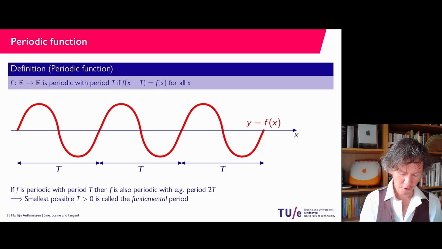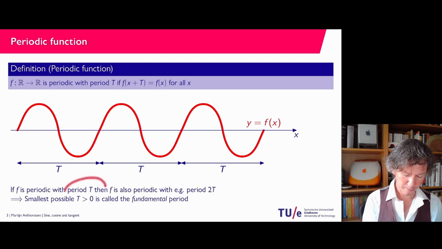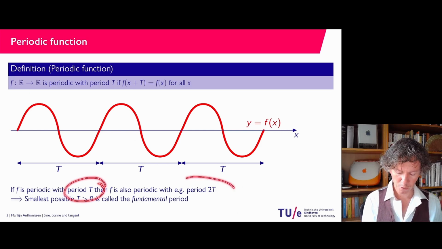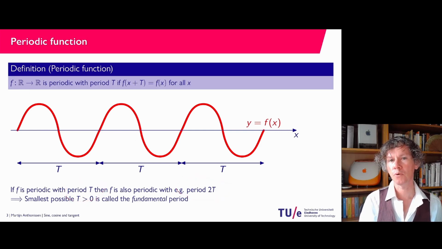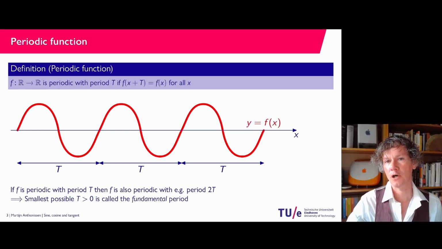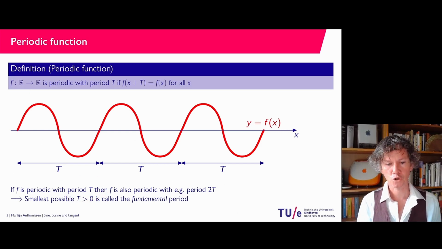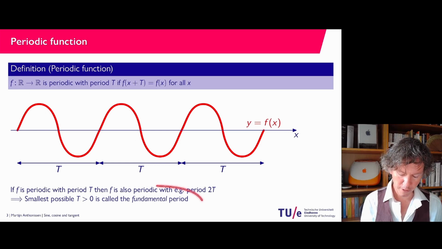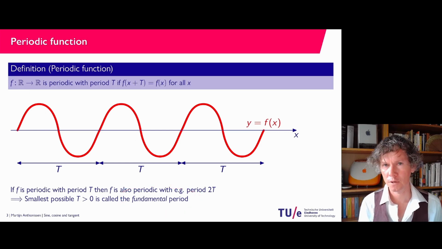So if a function is periodic with period capital T, it is also periodic with period 2T, but in principle some natural number times capital T. The smallest possible one is called the fundamental period. In reality, when we say the period, we mean the fundamental period.